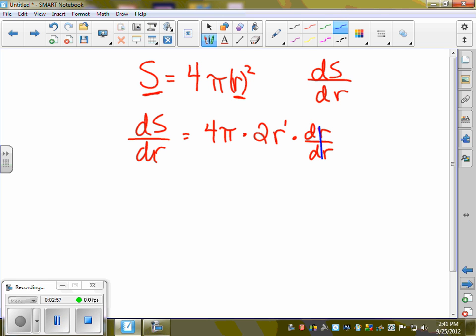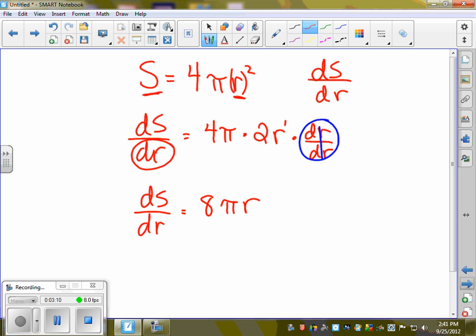So we don't normally put this part, because we have the function defined in terms of r. So ds dr would just be 8 pi r. That's the way we've been doing it, without adding that notation of the dr over dr.